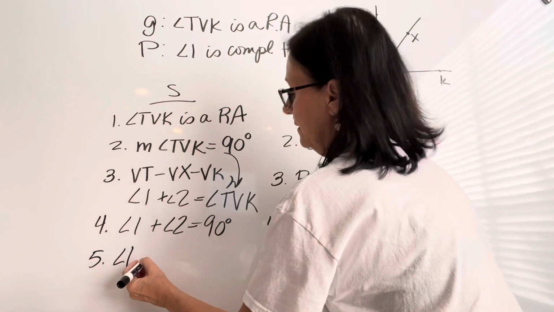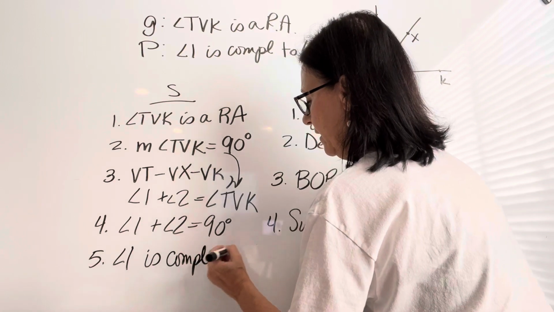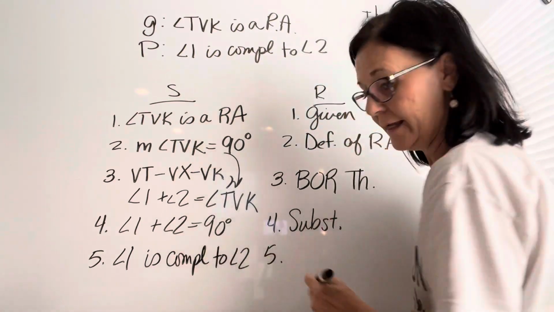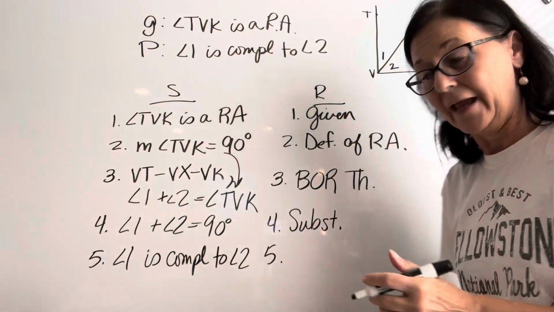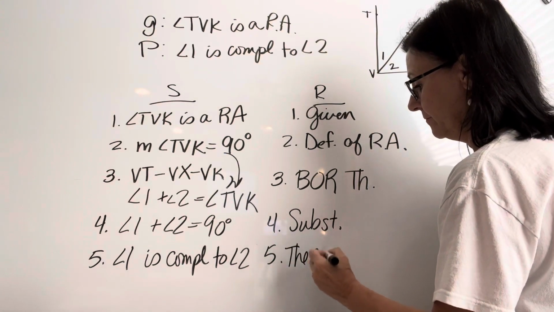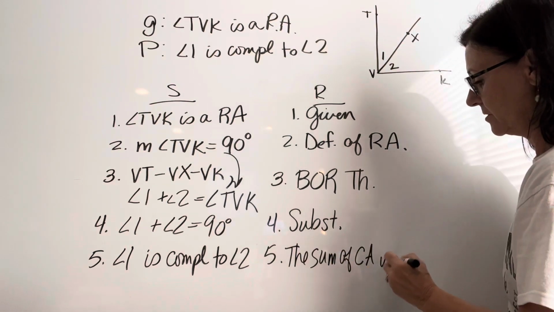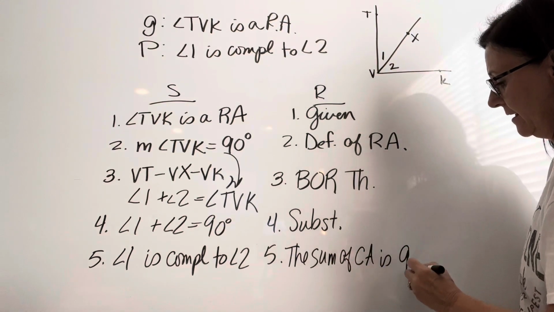Angle 1 is complementary to angle 2. Why? You could say the definition of complementary angles, or you could say the sum of complementary angles is 90 degrees.